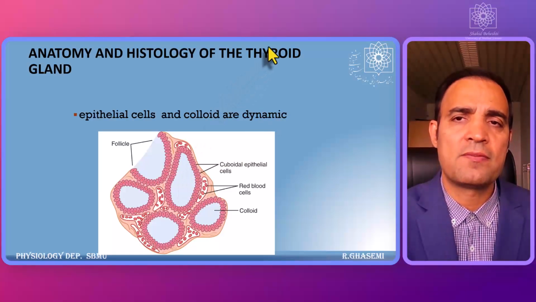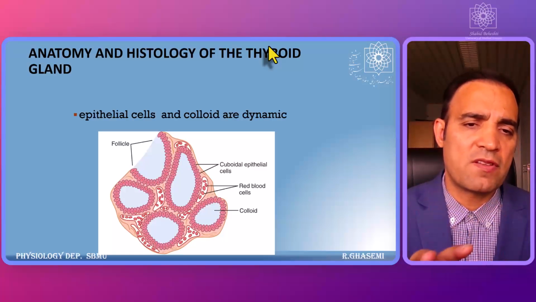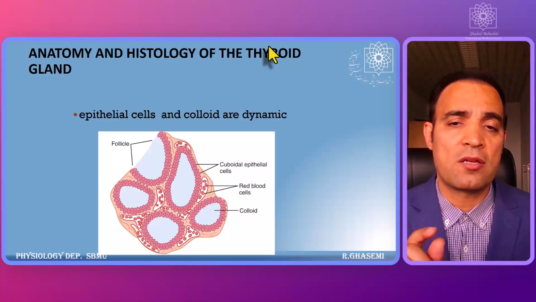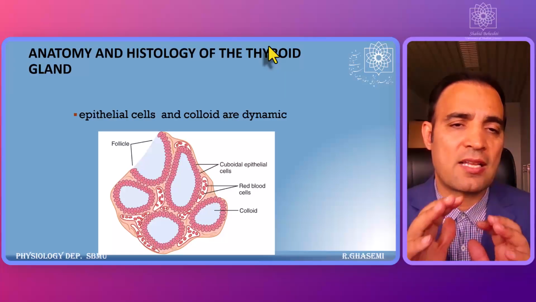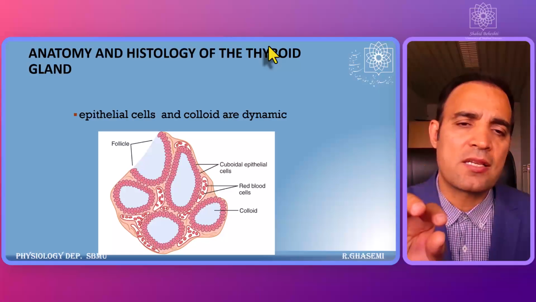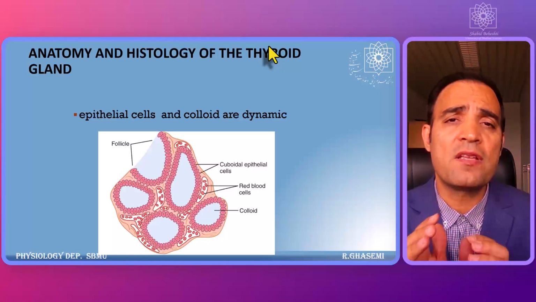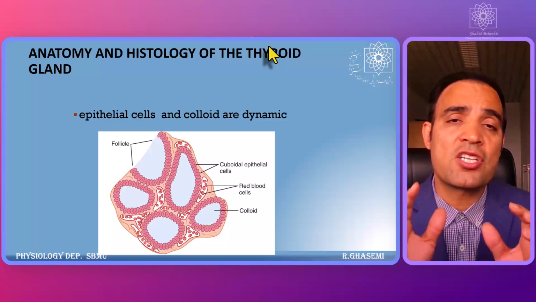As you can see, there are lots of blood vessels, and also the cuboidal epithelial cells that cover the colloid space. Inside these follicles, as I told you, we have the colloid space that is filled with the secretion of these cells.